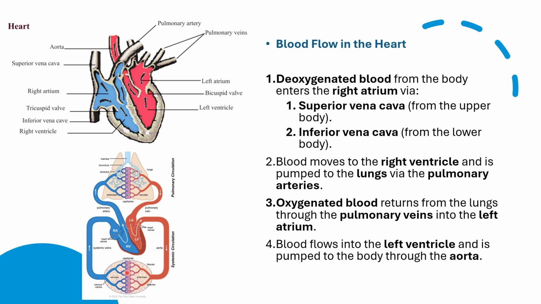The deoxygenated blood from the body enters the right atrium, as you can see over here. It enters either through the superior vena cava or the inferior vena cava. If it's from the upper part of the body, it comes through the superior vena cava, and if it comes from the lower part of the body, it comes through the inferior vena cava.